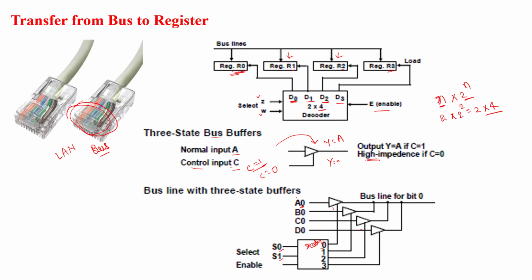Here it is given as examples: simultaneously it changes 0, 1, 2, 3, that is A0, B0, C0, D0. That means the 0th bit of each register is being transferred to the bus line. Like this the process takes place. So in place of a multiplexer, we can use the three-state buffer with the help of a decoder.